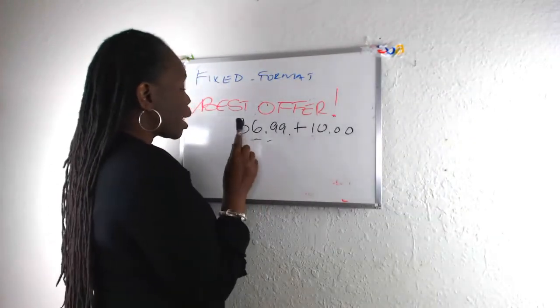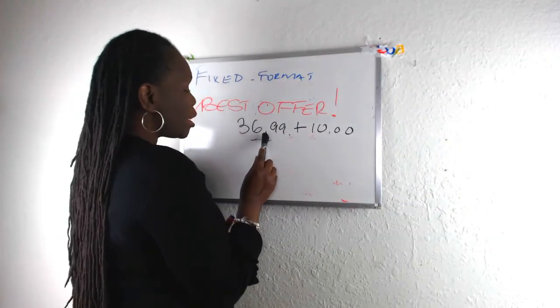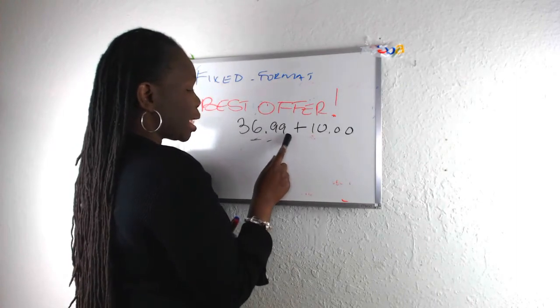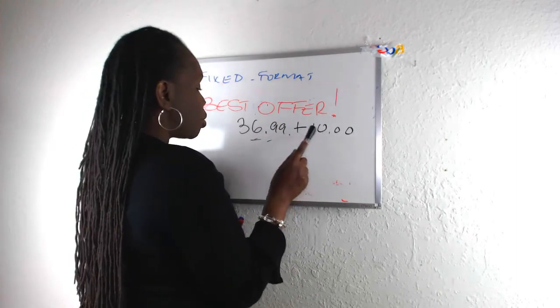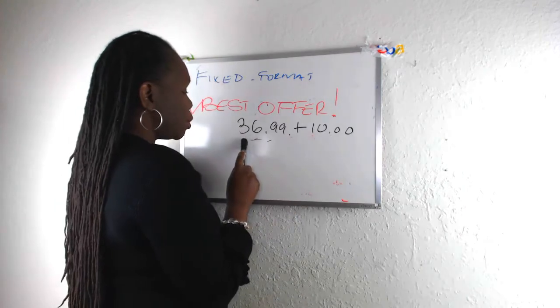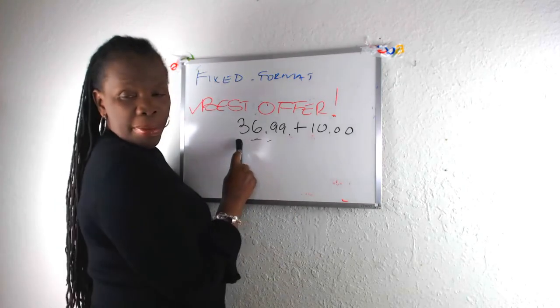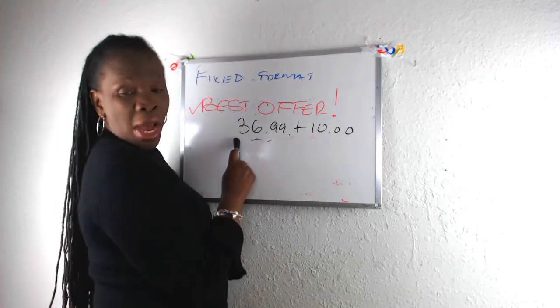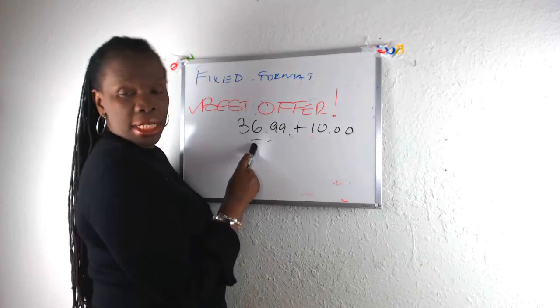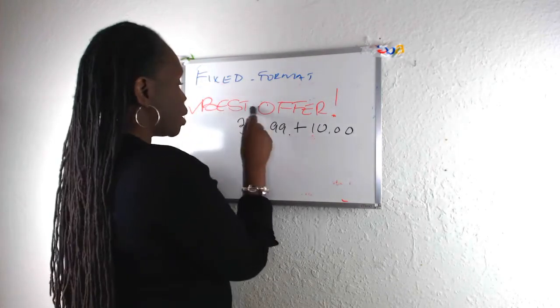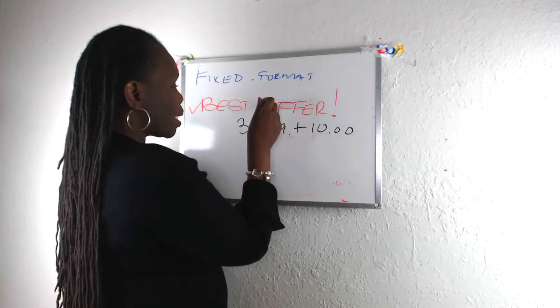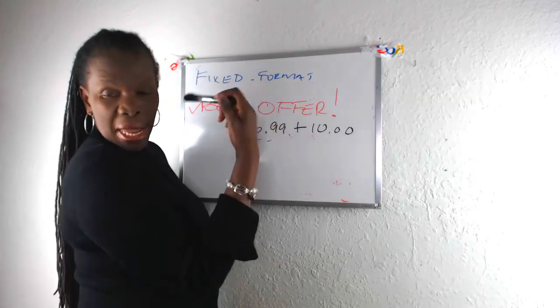So if I see that your item is $36.99 plus the $10, and I'm like, okay, this is maybe overpriced, or I cannot afford to pay 36, I can come in using the best offer. I will click the best offer button that I'll see on my end.